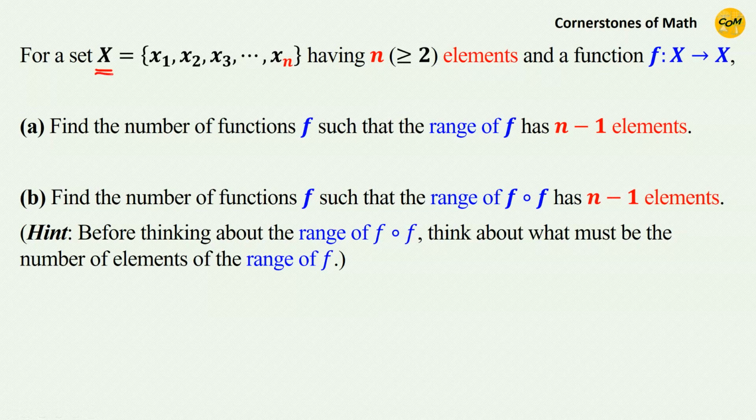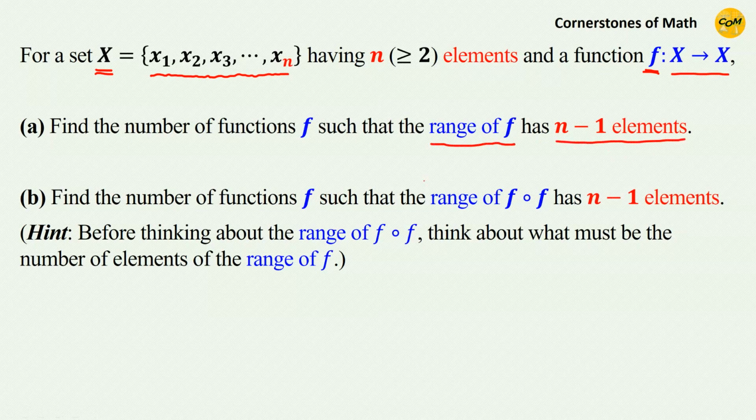For a set X having n elements, x1, x2, x3, up to xn, and a function f from X to X, the first problem says find the number of functions f such that the range of f has n-1 elements.